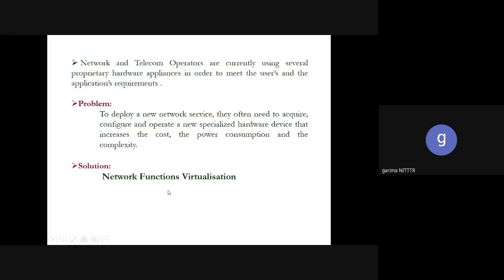The next major thing considered to be part of the architecture was network function virtualization. Now, what is this network function virtualization? We have two more features of architecture left: one is NFV, another is slicing.